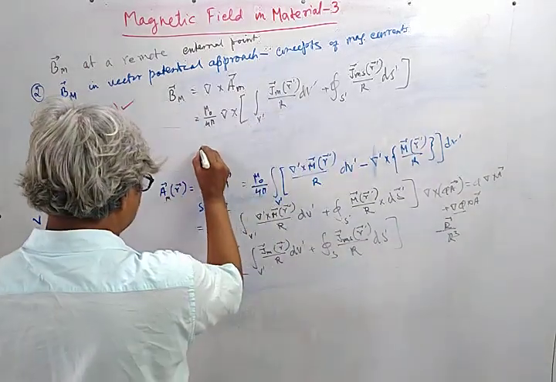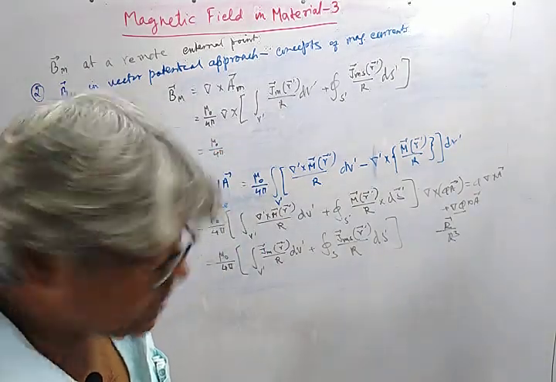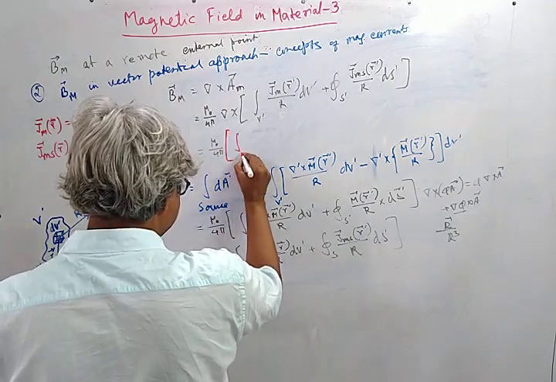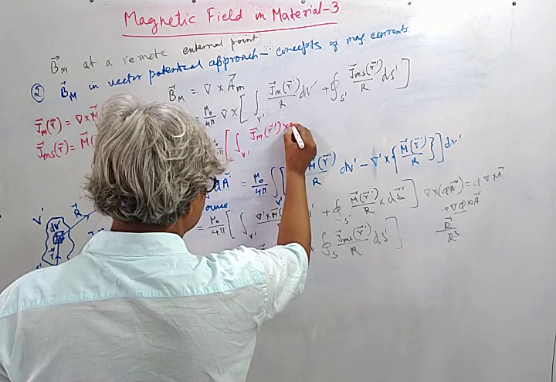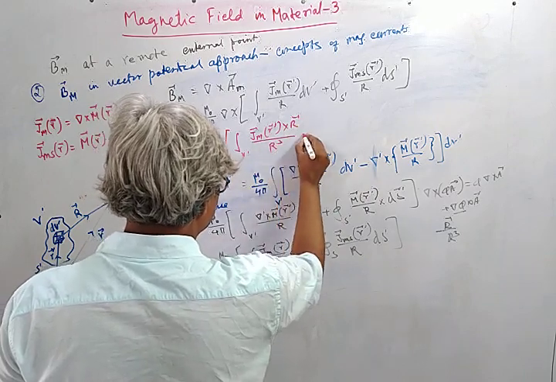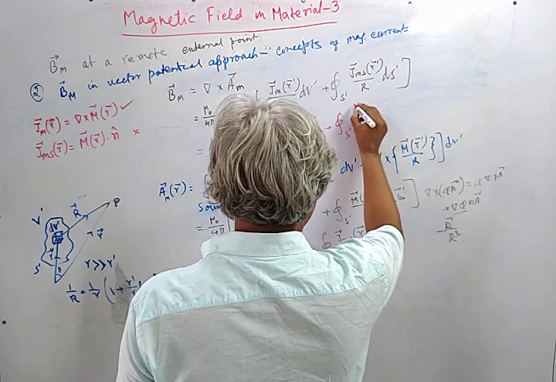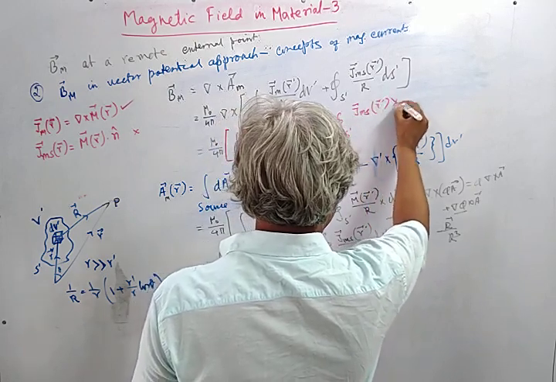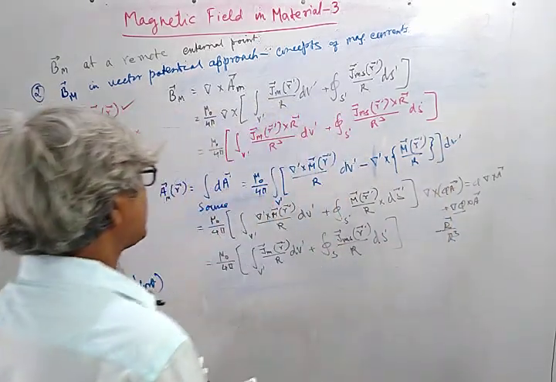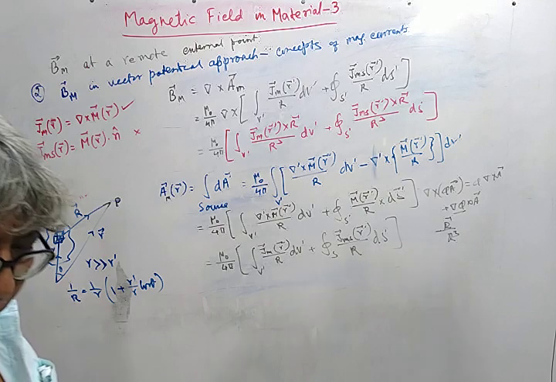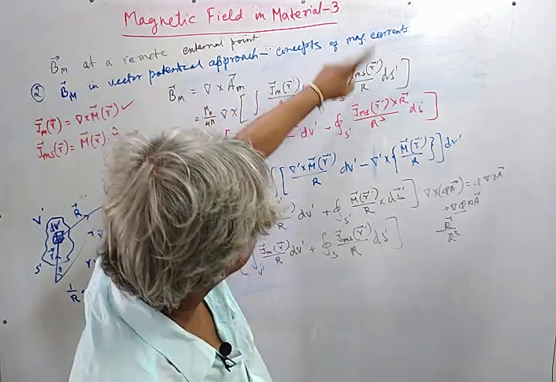And if we adjust the ordering, this is exactly the application of Biot-Savart law to find out the field at an external point corresponding to the volume current density Jm and surface current density Jms.